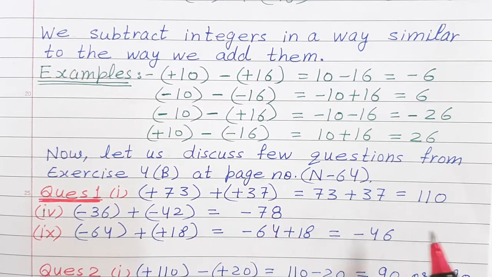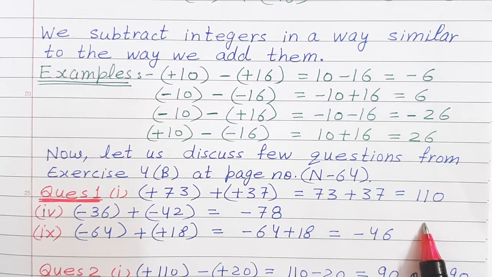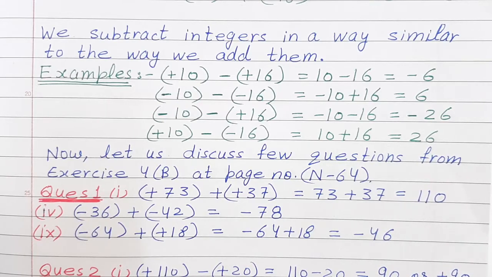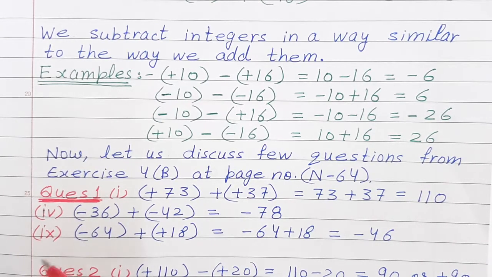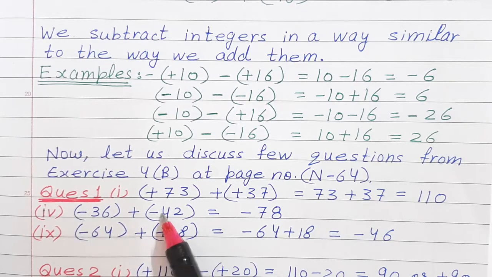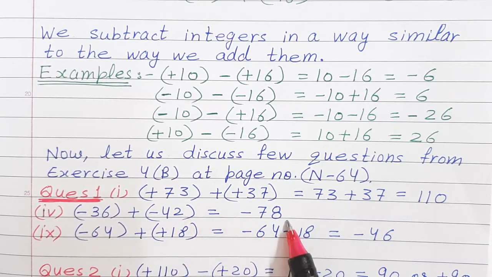So the answer is 110, right? Now the fourth part is minus 36 plus minus 42. Now since both the signs are the same, we add them. So 36 plus 42 is 78 and the negative sign will also come.